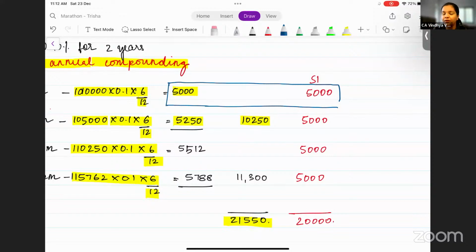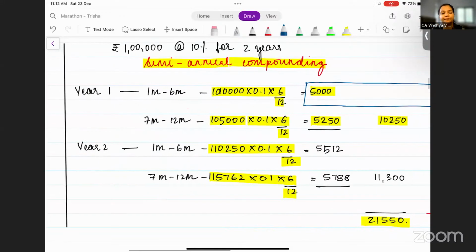In a sentence form, I can say that compound interest is always higher than simple interest, except for the first interval of time. What is this first interval of time? The first interval of time is dependent on the compounding. If it is annual, then 1 year. If it is semi-annual, then 6 months.